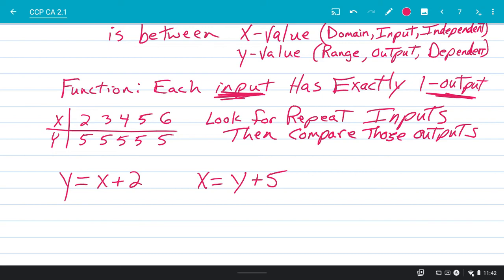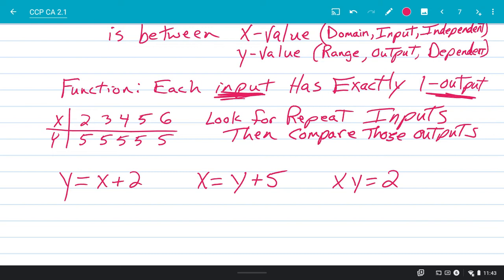XY equals 2? Nope, that's a function. Why is it a function? One way I could do it is I could graph it, and see if my graph passes the vertical line test, which it will.